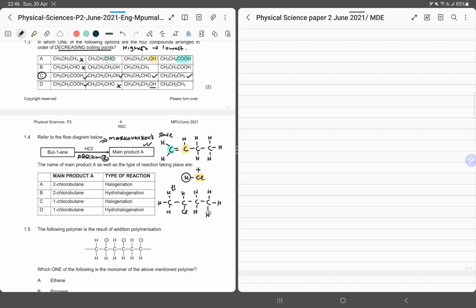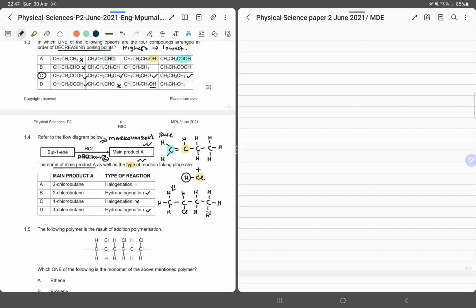It says now the name of the main product, A, as well as the type of the reaction taking place. Already identified, it's an addition reaction. But I prefer to say the name if they are looking for a name, because the type is an addition reaction, but the name would be hydrohalogenation.